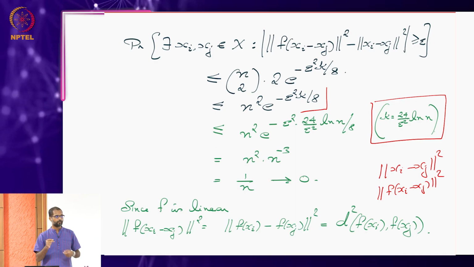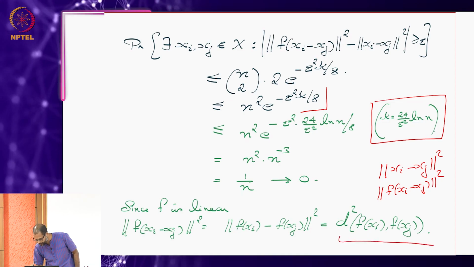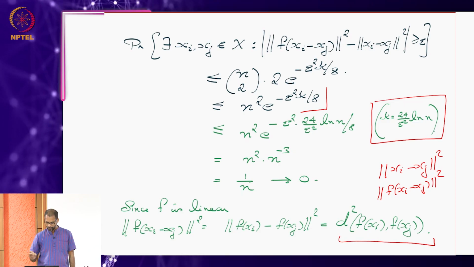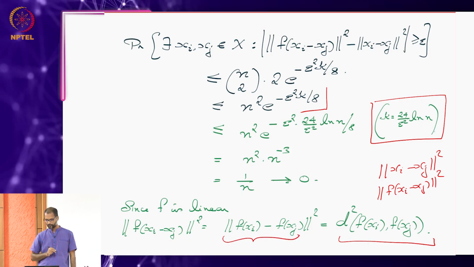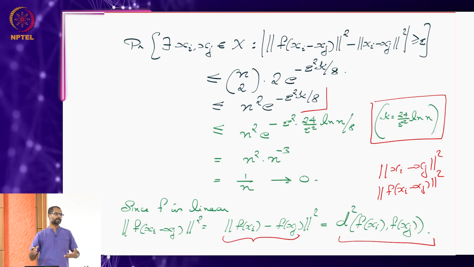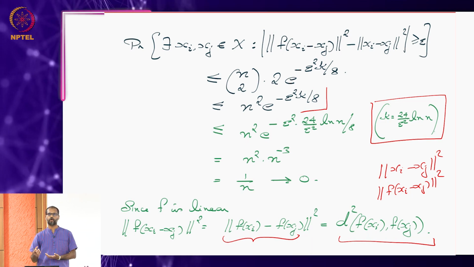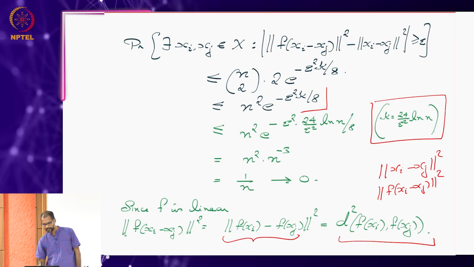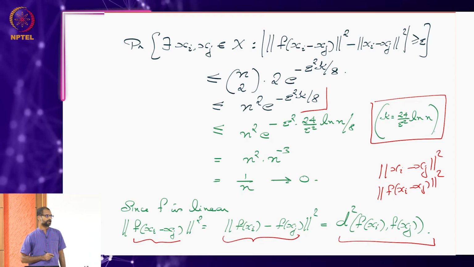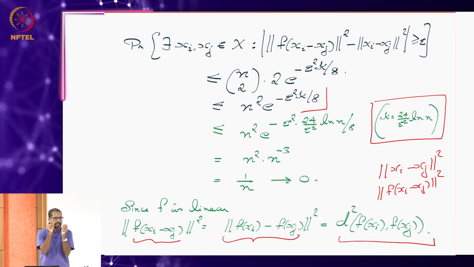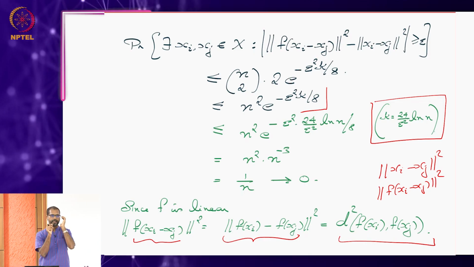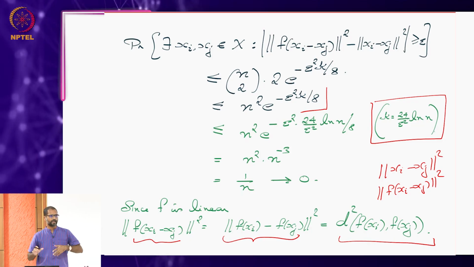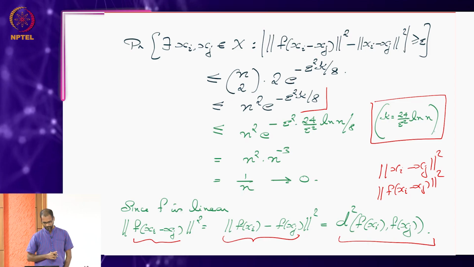But what we actually cared about is the distance after the projection, which is the distance between f of xi and f of xj, or distance squared. Distance in a Euclidean space is just the difference vector's norm squared. But because f is linear, and only because f is linear, f of x minus f of y can be written as f of x minus y. So, it is enough to just analyze lengths of individual vectors, where these individual vectors are these n choose 2 pairwise difference vectors.